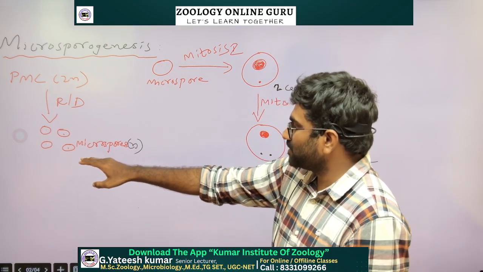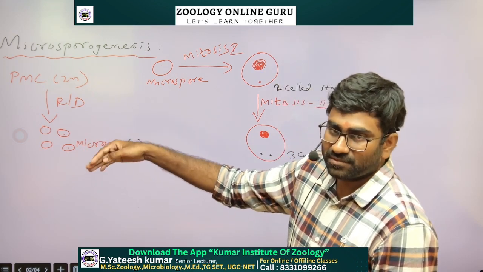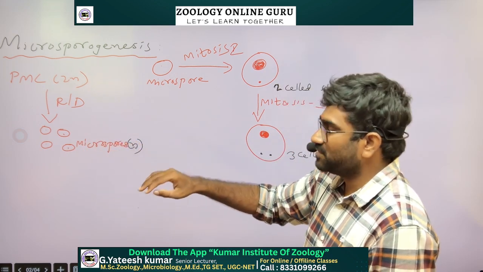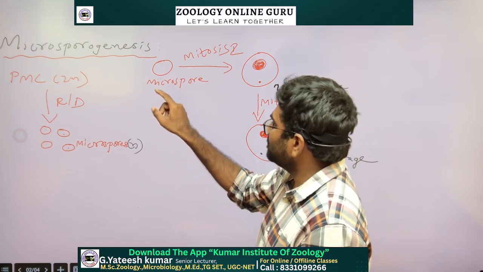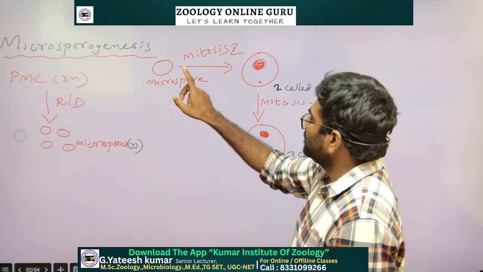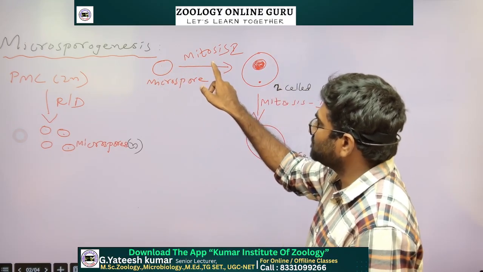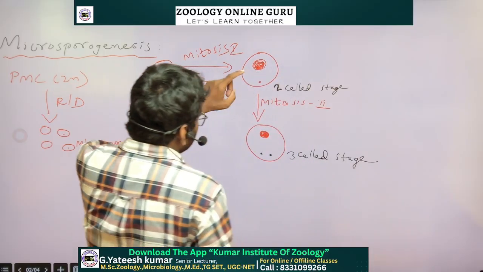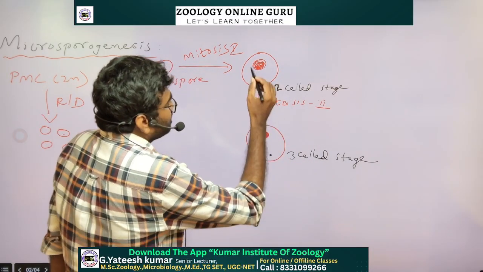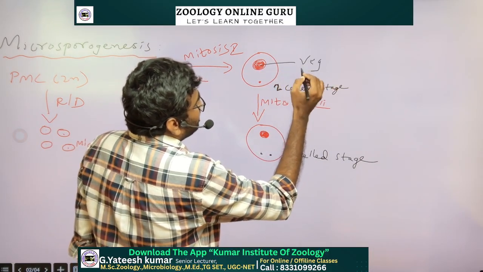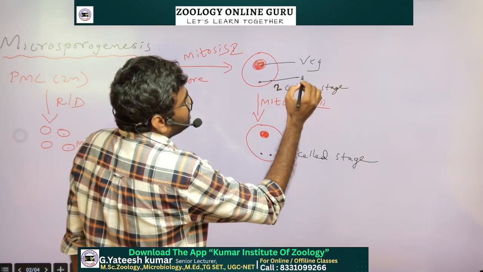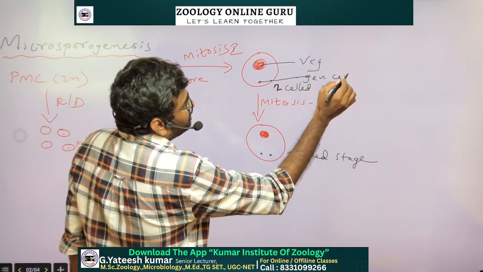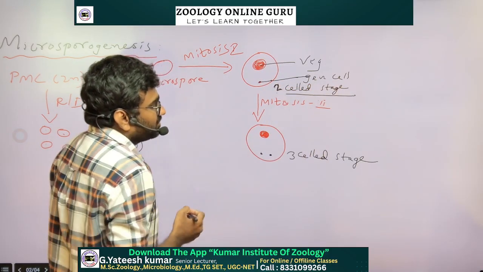Each microspore can give rise to a male gametophyte which carries a male gamete. This microspore undergoes mitosis I to produce two cells, one vegetative cell and another a generative cell. This is known as the two-celled stage.